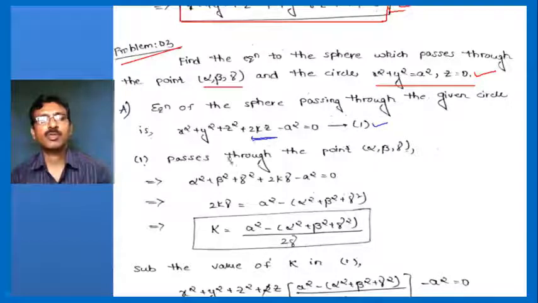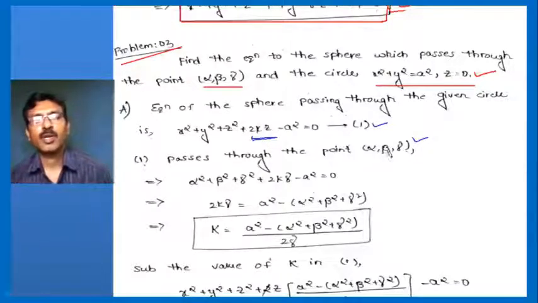The sphere passes through the point. To find the value of k, a known fixed point alpha, beta, gamma is given. We substitute the point in the equation 1.